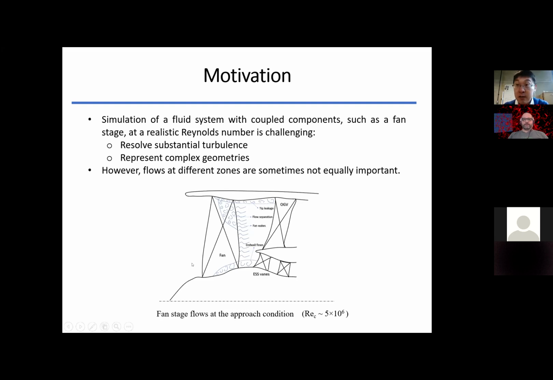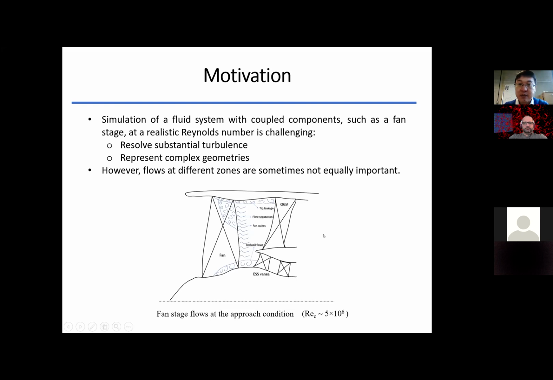For example, our simulated operating condition is the approach condition, when the aircraft is about to land, and in that operating condition the fan operates at half speed of the design speed.